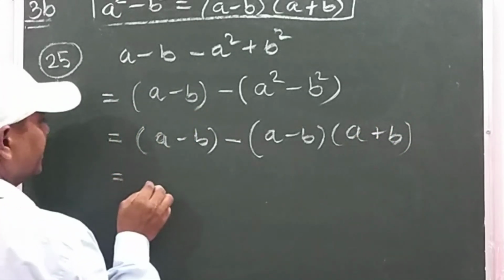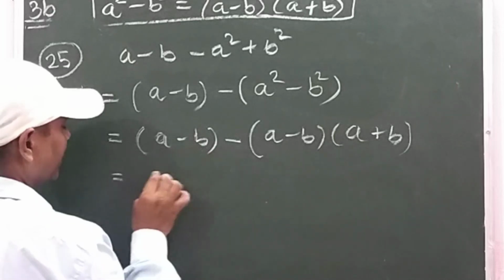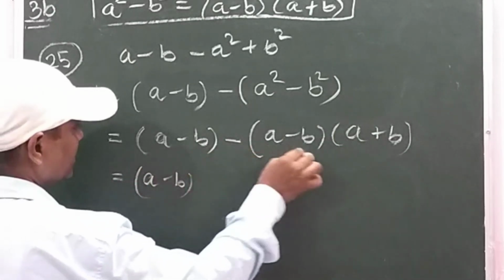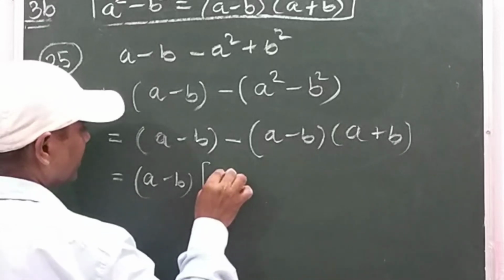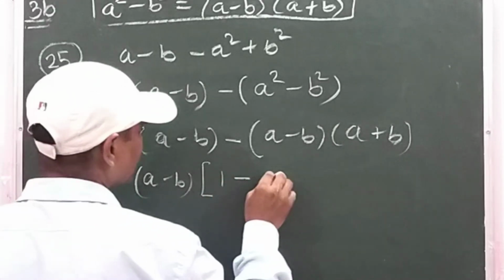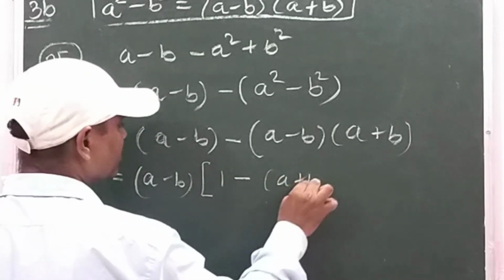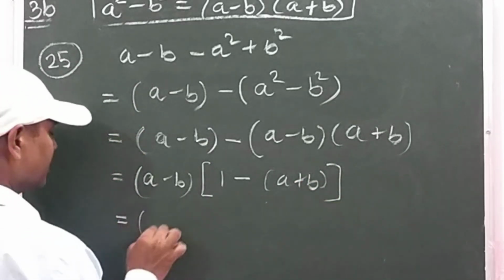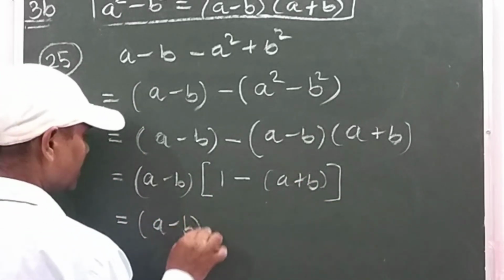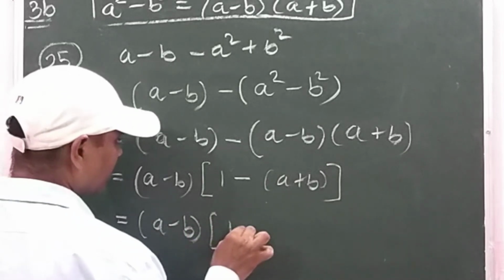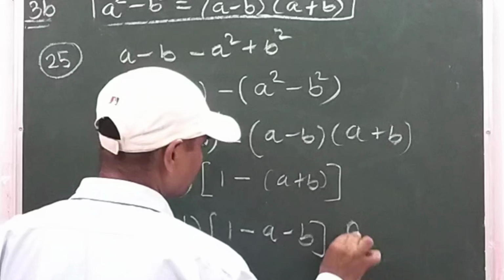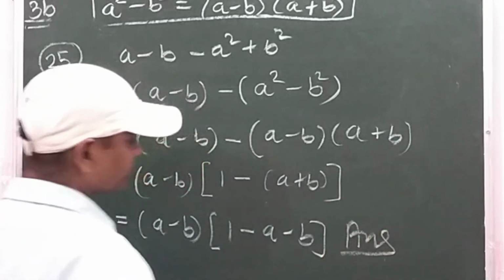So if we take the common a minus b, because these are common here, we can write here 1 minus a plus b. So we will write here a minus b and 1 minus a minus b. This is our answer.